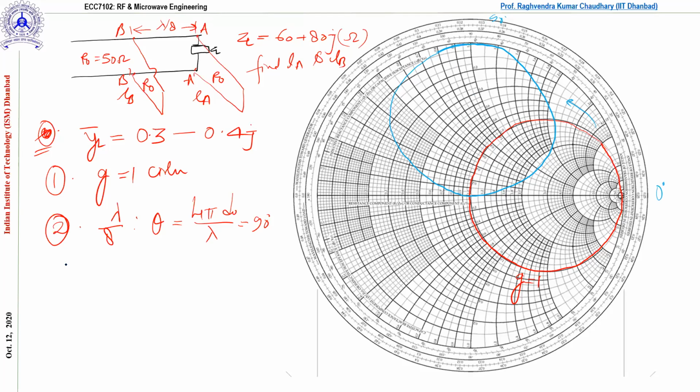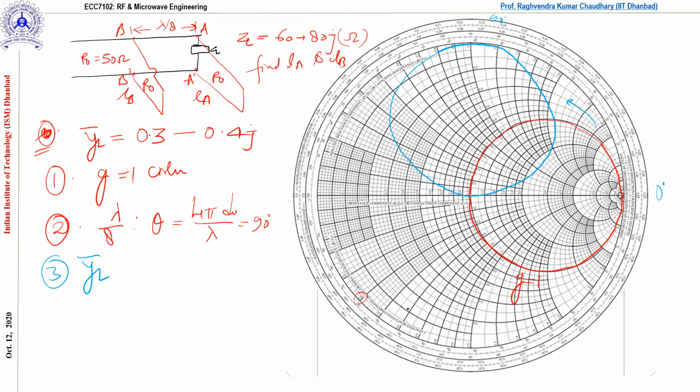Now step number 3, we need to enter the point YL bar. So if you find YL bar, I'm marking it over here. This will be somewhere here. This is 0.3 minus 0.4J. If you see, this is 0.4.